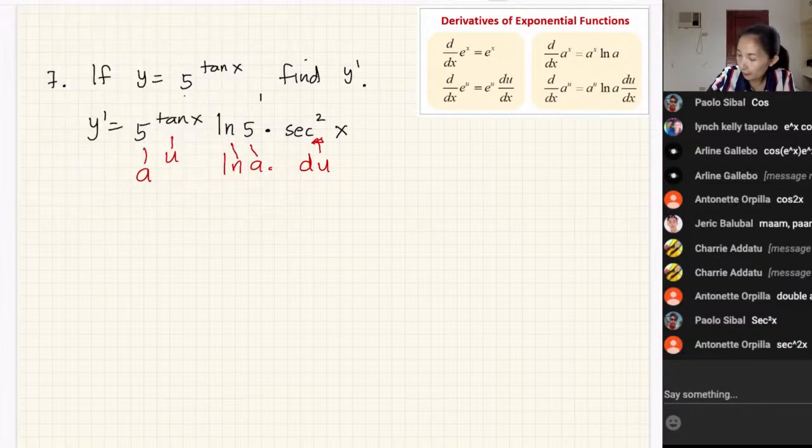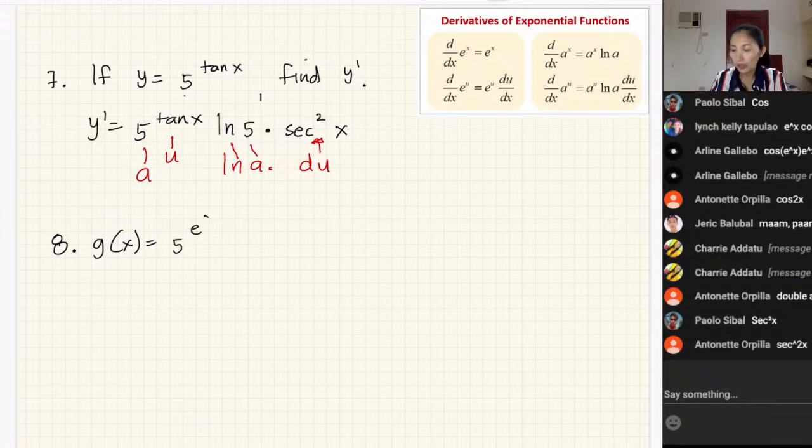Number 8. How about if g of x is equal to, okay, 5. Let me change it into another base.